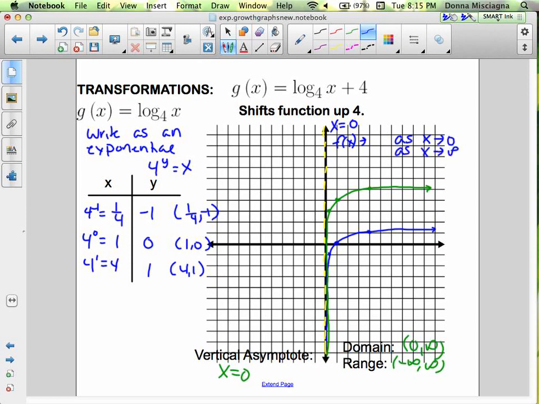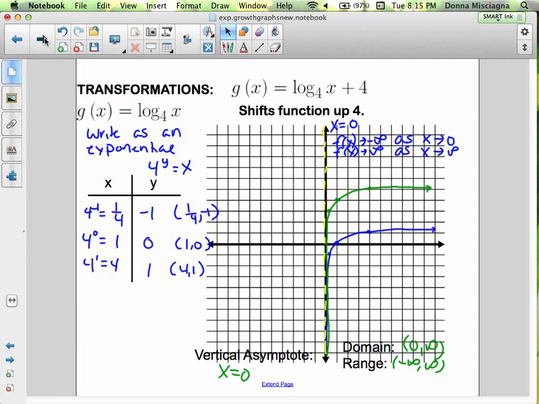It tries to get close, it gets closer and closer to 0, but it never reaches it, and it never goes past that line. As x gets close to 0, the function is getting close to negative infinity. It's going down. And as x goes to infinity, so does our function. It takes a sweet old time, but it does head towards infinity.